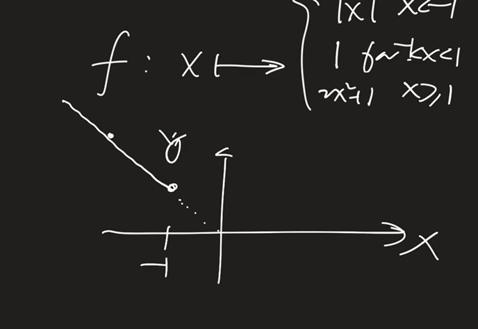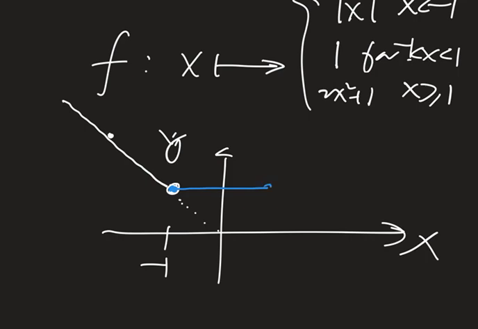Then when this is less than 1, which means that this point is not included. When this is between minus 1 and 1 inclusive, this gives you 1. So this is included with this. Okay, I use a blue pen.